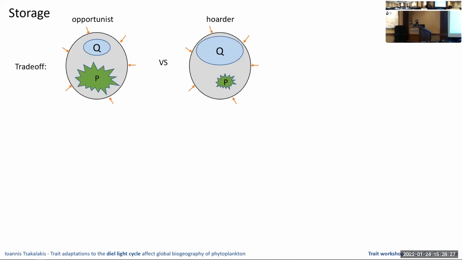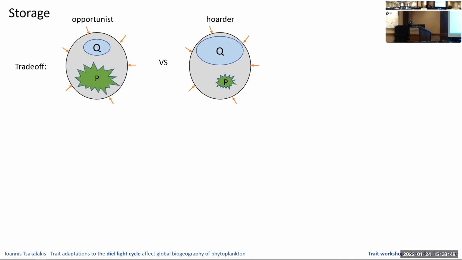Now, if we want to build storage in the group model, we should express some trade-off, right? So here I have the simplest trade-off I can think of, an opportunist and the hoarder. Hoarder, yeah, I think I told you, it's a species we call a storage specialist.